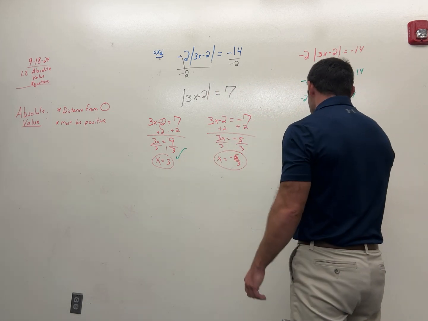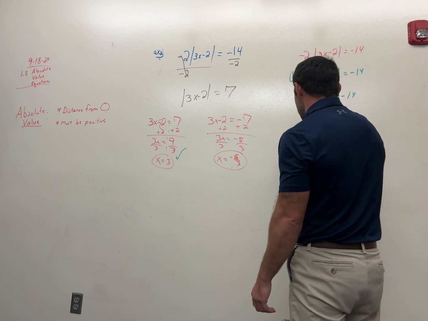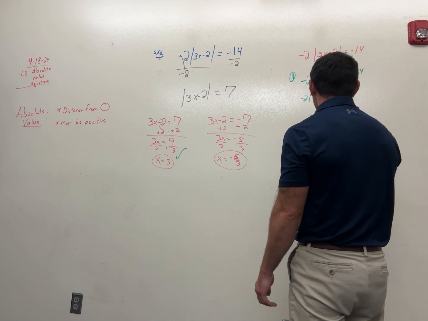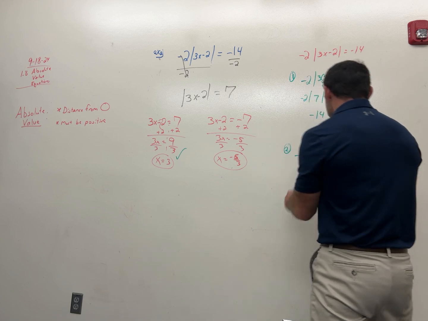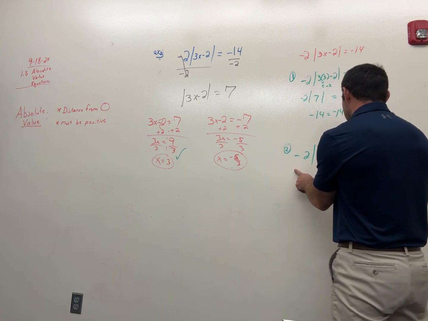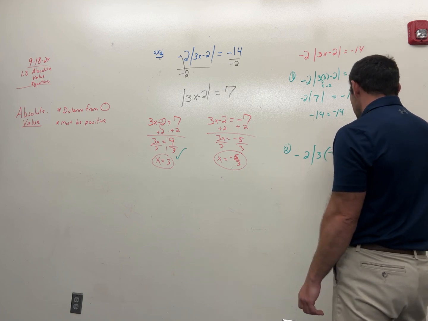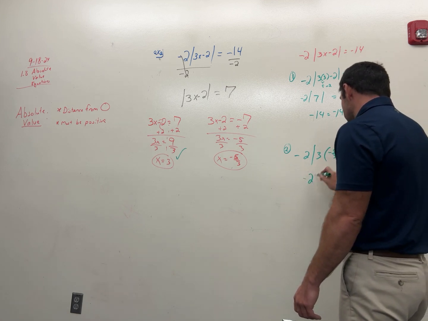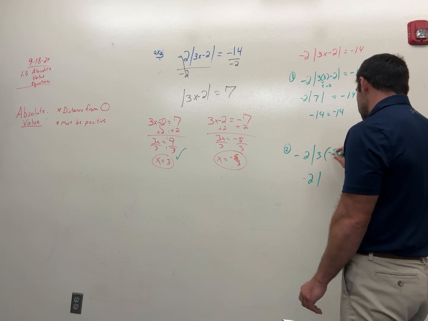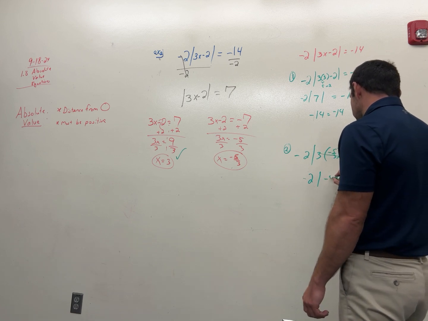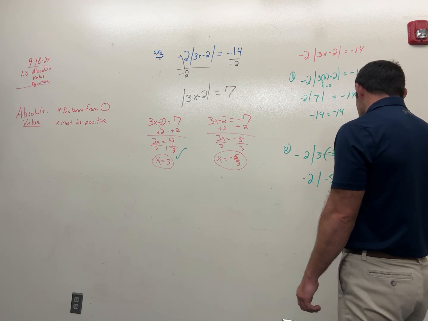Negative 5/3, so now my second one. So this is 1, here's 2. Negative 2, parenthesis, 3 times negative 5/3 minus 2 equals negative 14. This gives me negative 2, 3 times negative 5/3, so this is going to be negative 5 minus 2 equals negative 14.